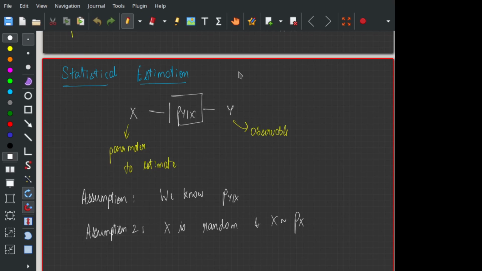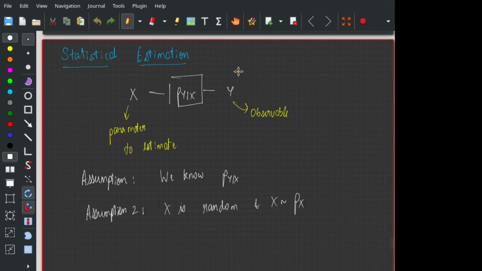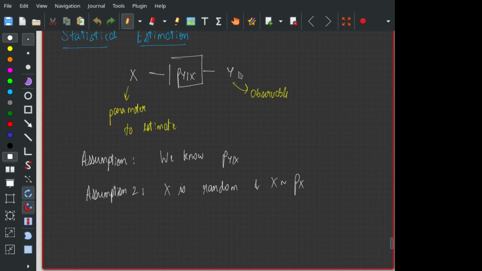Generally speaking, we'll assume that x and y are continuous random variables, so they're arbitrary real valued or vector valued quantities. We assume that this conditional distribution p y given x is known, and we may or may not make the assumption that x is also random and distributed according to px.